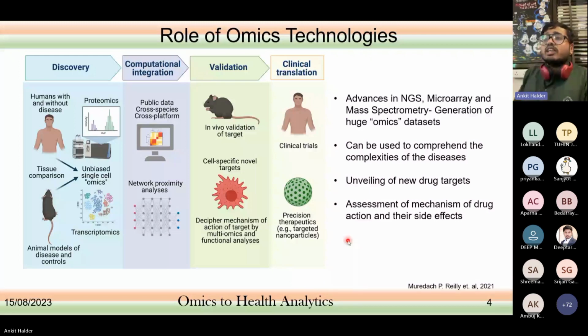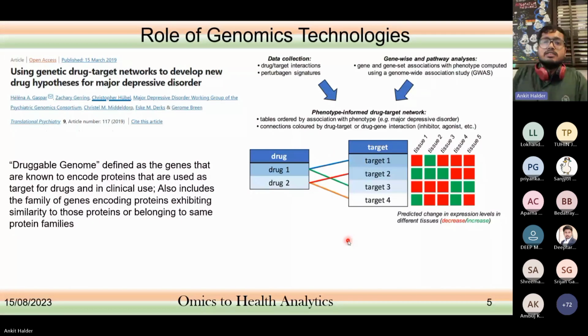So now if I divide it into 4 levels, genomics, transcriptomics, proteomics, and metabolomics, in a simplified way, because there are other layers of omics as well, as you all would have by now understood and will appreciate.